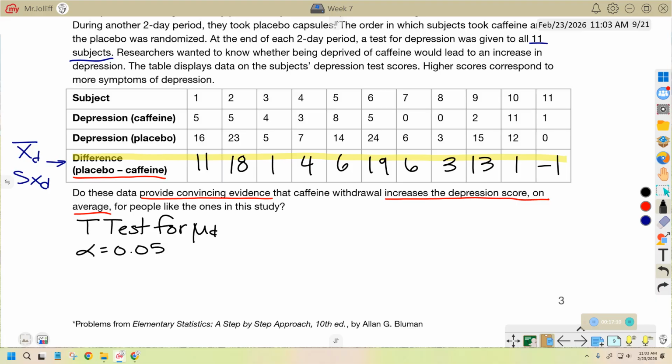I need to write my hypotheses so I know what I'm testing. So H0, Ha. I know these are claims about mean differences, so mu D, mu D. I know my null is always a statement of equality. And I have encountered another problem.